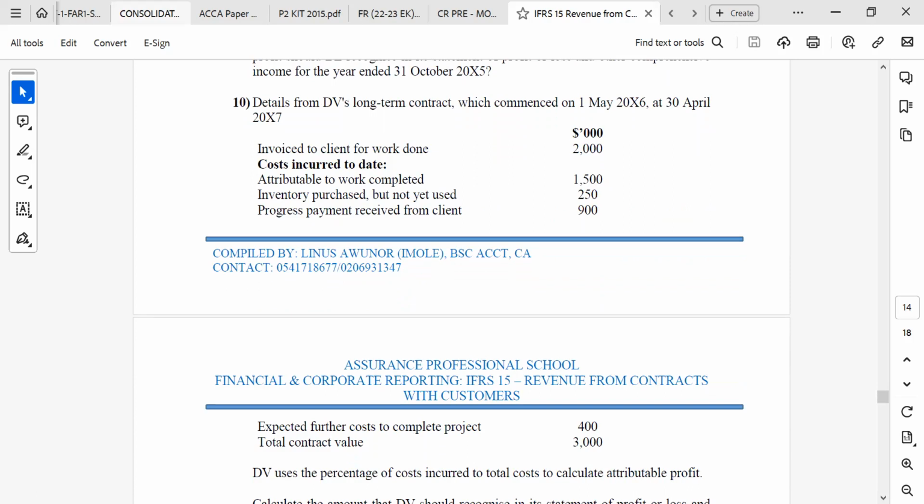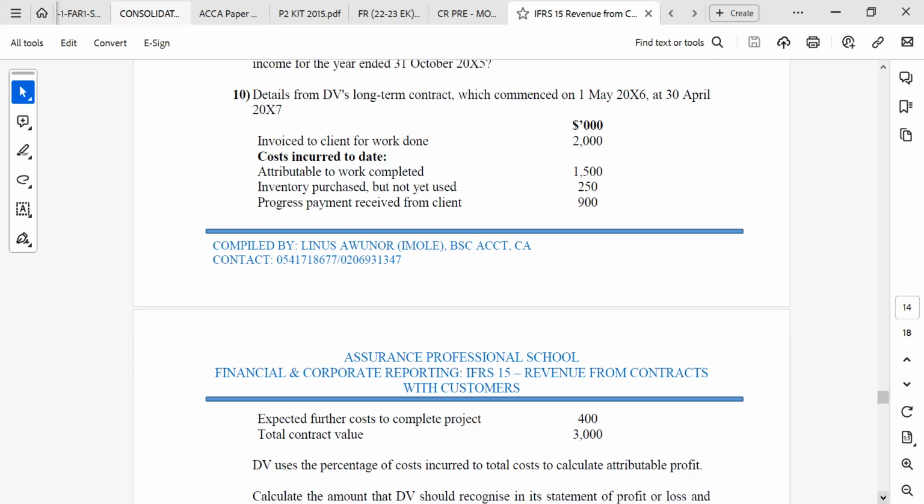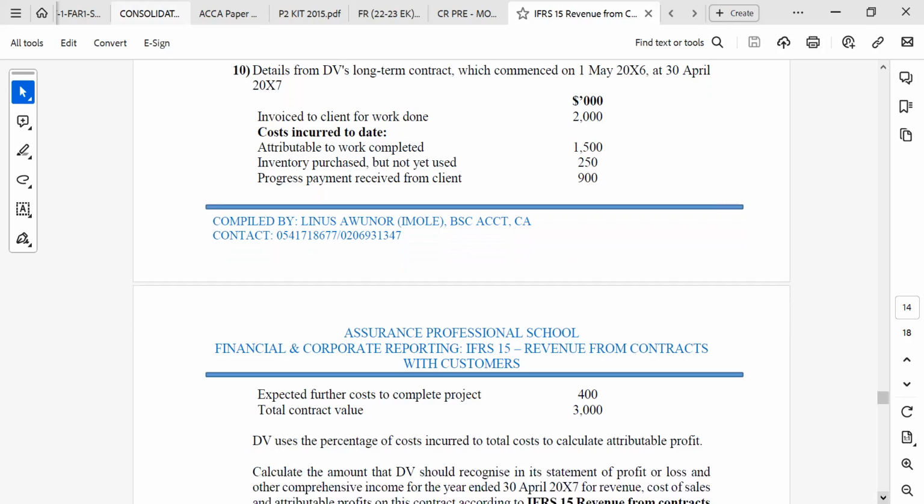Inventory purchased but not yet used 250. Progress payment received from client 900. Expected further cost to complete project 400, and total contract value is 3,000. DV uses the percentage of cost incurred to total cost to calculate attributable profit.